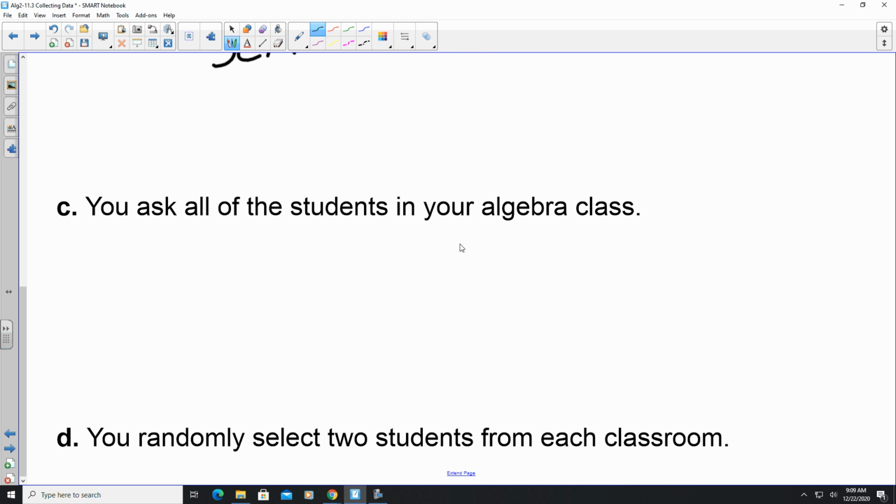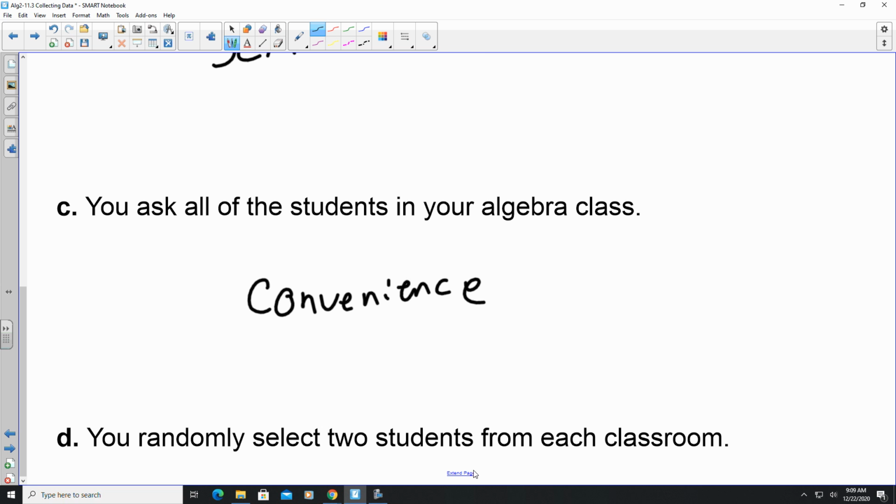Here it says you ask all the students in your algebra class. Since we're in a math class, it's very convenient to poll those groups of students. So this is an example of a convenience sample.